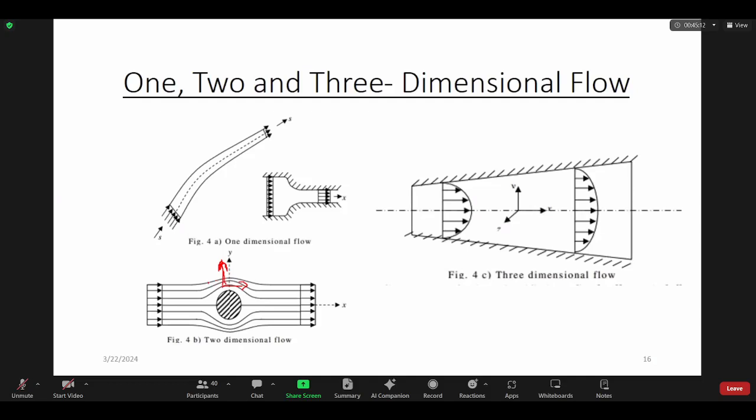You can see the cross-sectional area changing in this area. The flow rate should be the same in both areas.